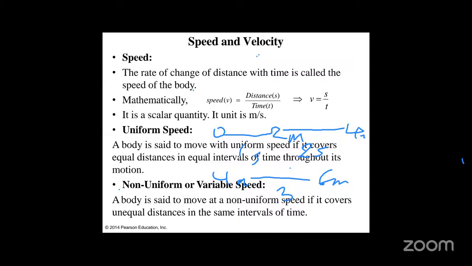The speed is said to be non-uniform if it does not cover equal distances in the same interval of time. For instance, 0 to 3 in 1 second, then 3 to 4 in 1 second, then 4 to 8 in 1 second. So you notice that from the initial position to the first position, that is 3 meters in 1 second. Then 4 to 8 is 4 meters in 1 second. So this is not a uniform speed.